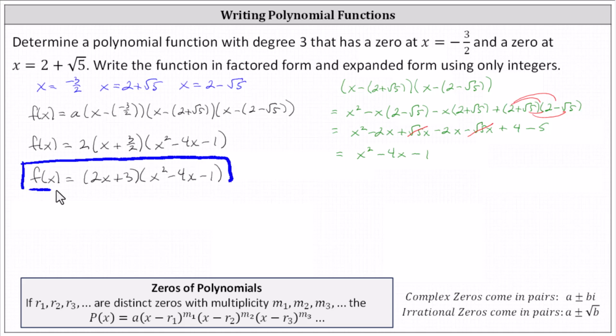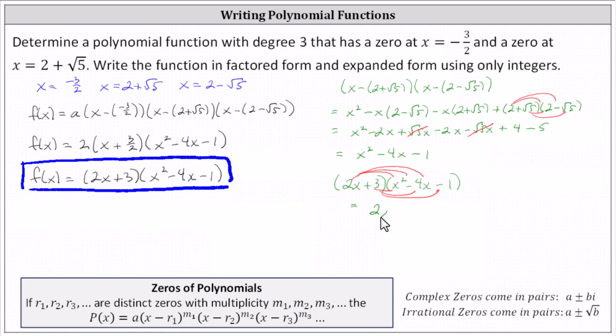And now for expanded form, we need to multiply these two factors. And again, let's do this on the side. This time we have 6 products. We distribute 2x and then 3.